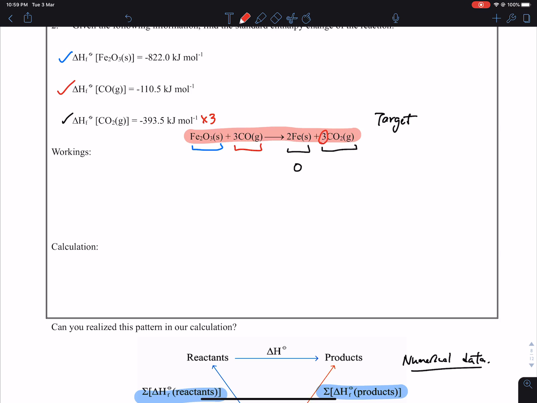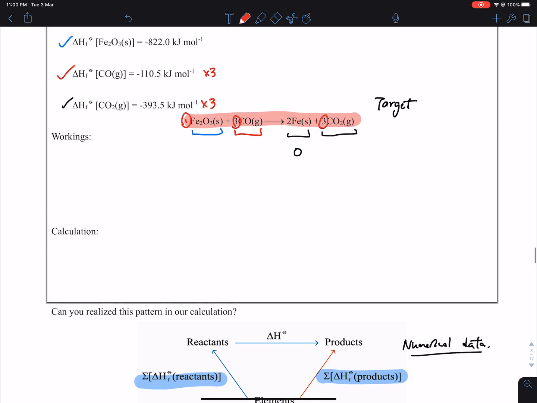From the definition of formation, it's just telling you 1 mole of CO2 is produced, but right now we get 3 moles of CO2 from the target equation. Therefore, don't forget to multiply it by 3. Okay, for the reactant, we do the same thing. You can see 3 in front of CO, so we have to multiply by 3, and then there's a hidden 1 here, so you don't need to multiply it by 1. It's just 1, okay?